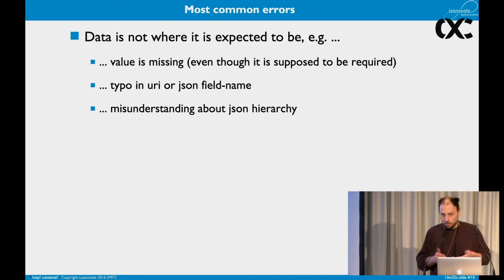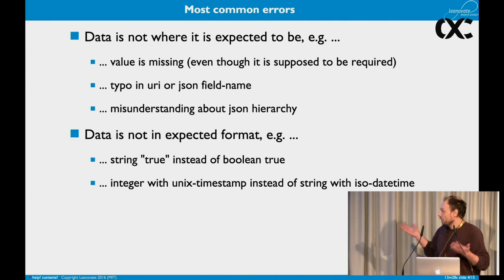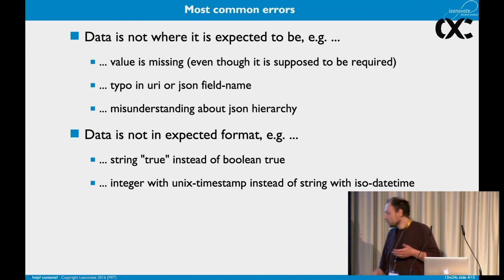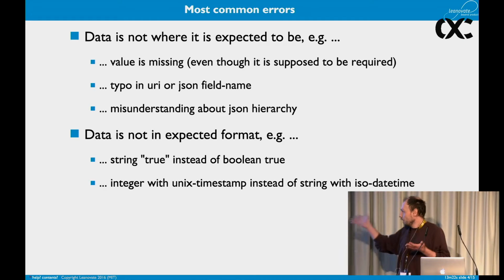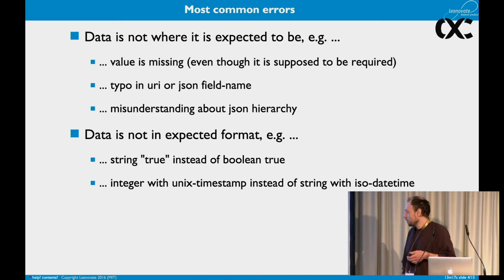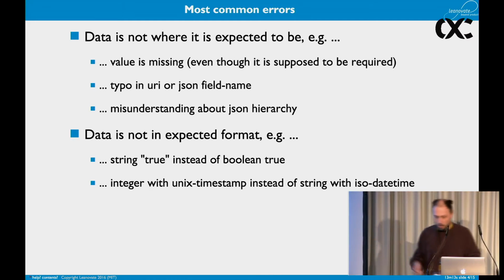We have seen several examples already in some talks. Or the data is not in the expected format, for example someone uses string "true" instead of a Boolean true, or someone sees a timestamp and inserts a Unix timestamp instead of what you expect in ISO date time, or the other way around.